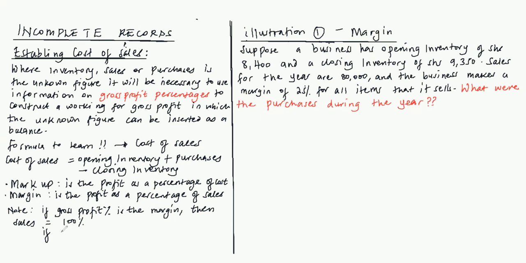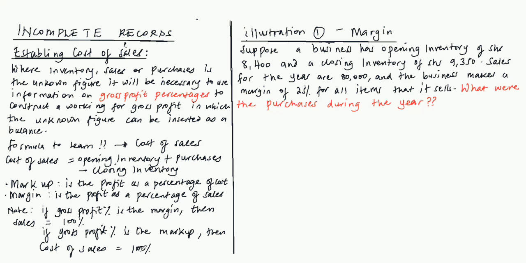And if the gross profit percentage is the markup, then cost of sales equals 100%. So I'll use this illustration to see how we can calculate the purchases during the year.